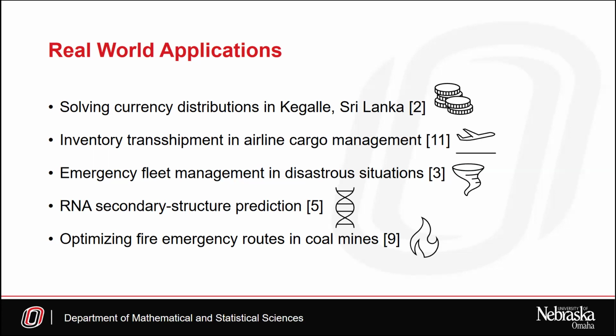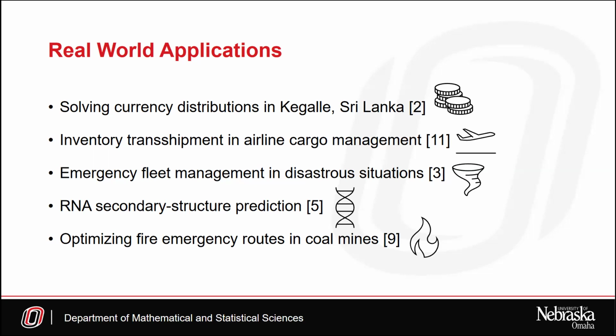And then there's emergency fleet management in disastrous situations. So if you have road closings, if you had obstacles on the streets, how could we put emergency vehicles on the roads in such a way that it gets to their destinations in the minimum number of roads needed? And then there's RNA structure position prediction, which is beyond me, but matching DNA and RNA.